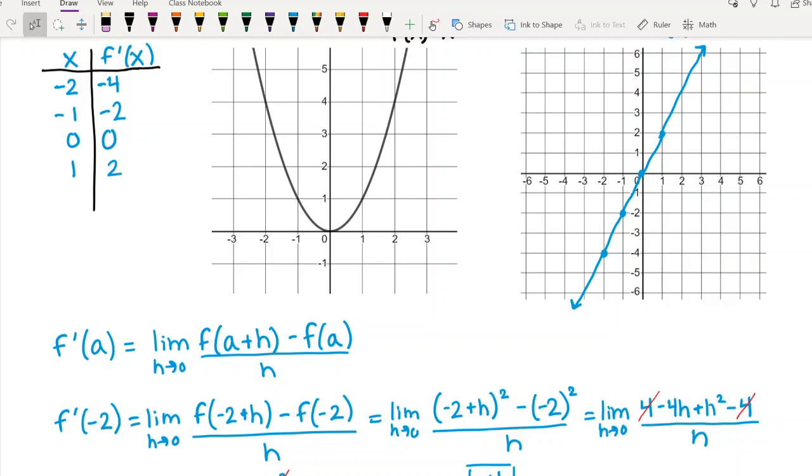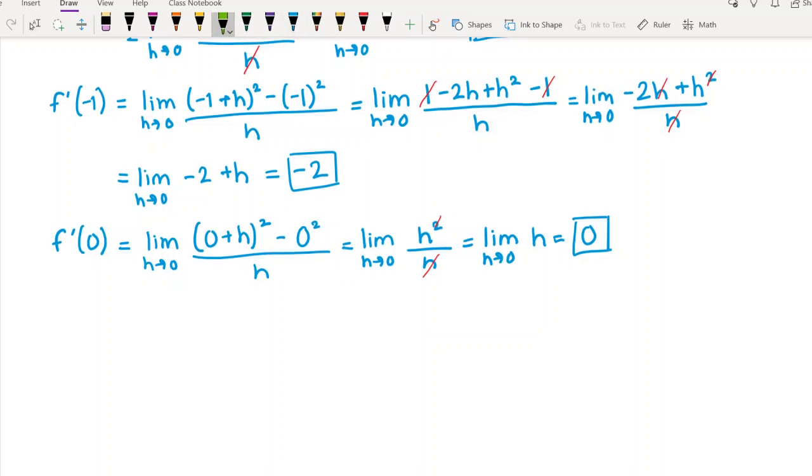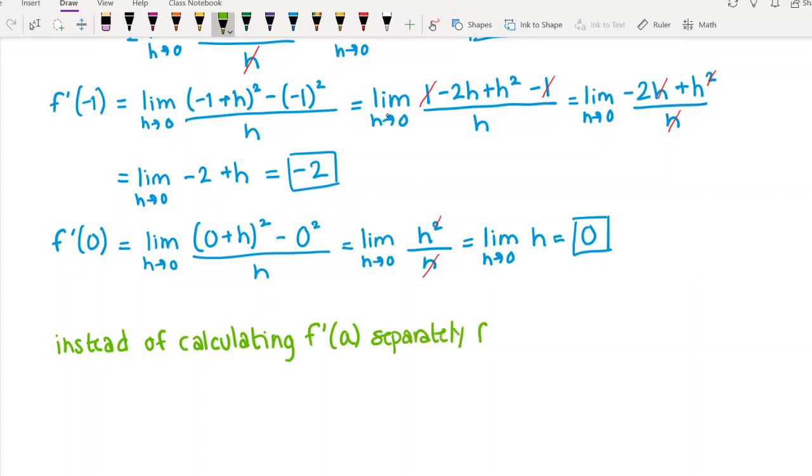What we could have done instead, let me just write this out: instead of calculating f prime of a separately for each individual x value, for all the different x values or a values where we're trying to find the tangent lines, we can do it all at once.